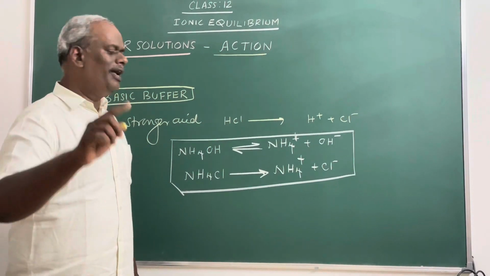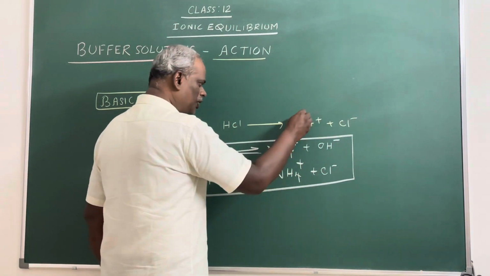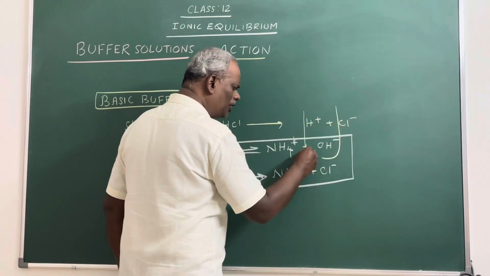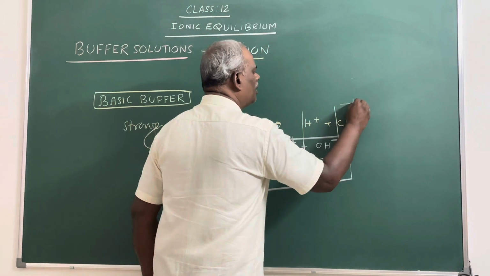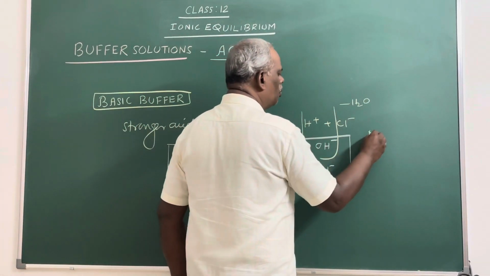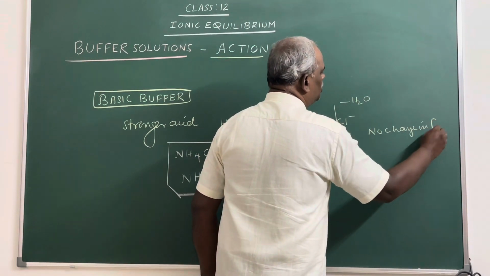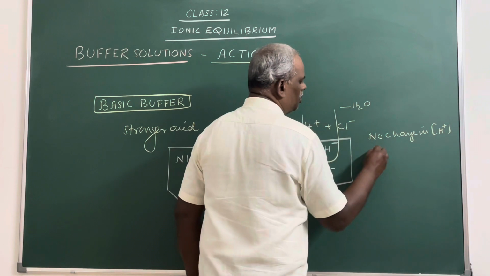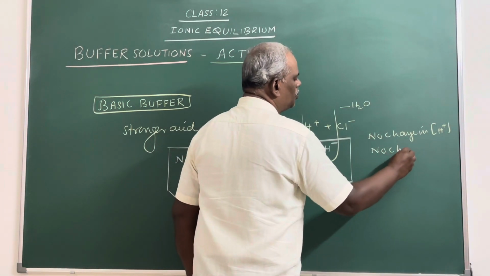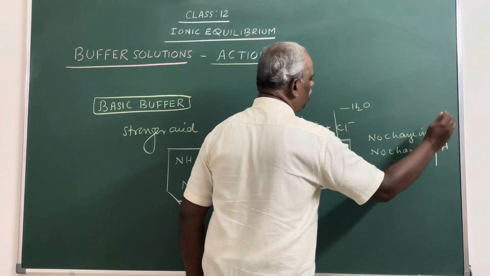It means we are trying to increase the concentration of H plus, but the H plus combines with OH to form H2O. So there is no change in the concentration of H plus, which means there is no change in pH of this particular solution.